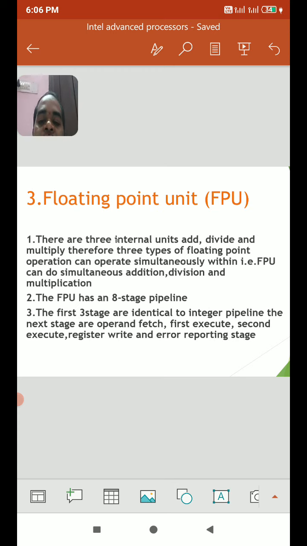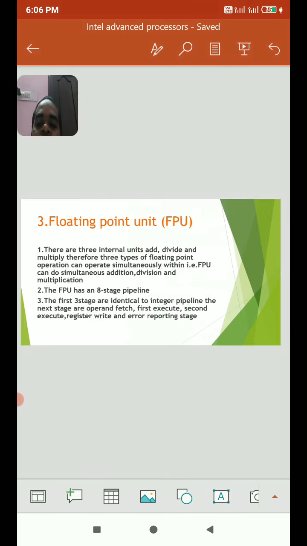The next 5 stages are: first the operand fetch stage, then the first execute stage, and the second execute stage. After that the register write stage is present, and the error reporting stage. So in total we have 8 stages of the floating point unit in the Pentium microprocessor.